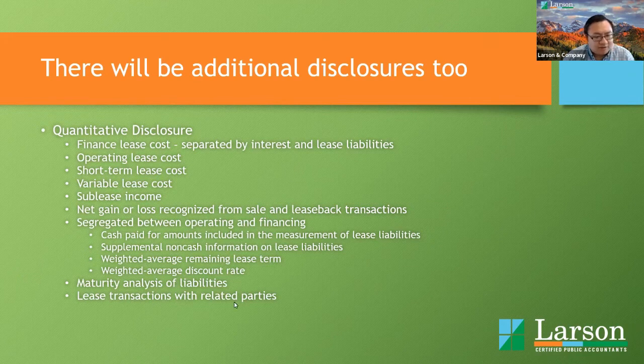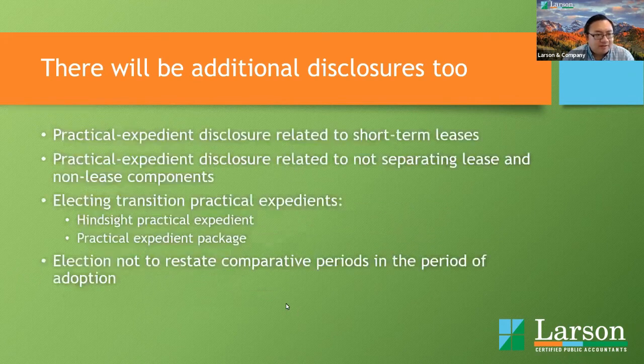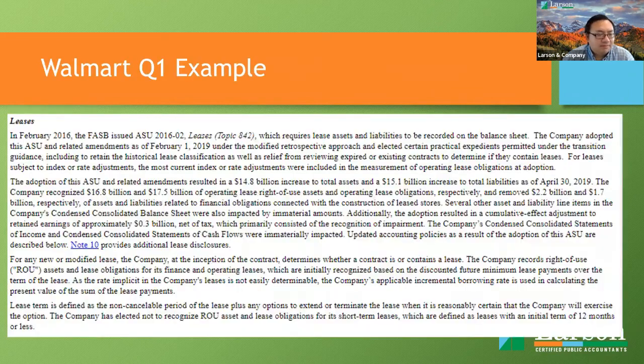And then lease transactions also, obviously, with related parties. You also need to disclose all the practical expedients that we discussed earlier, which of the practical expedients you have utilized to determine the transition.